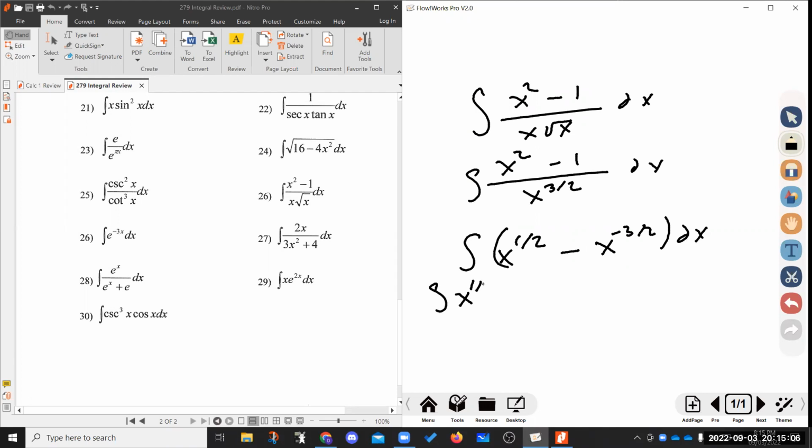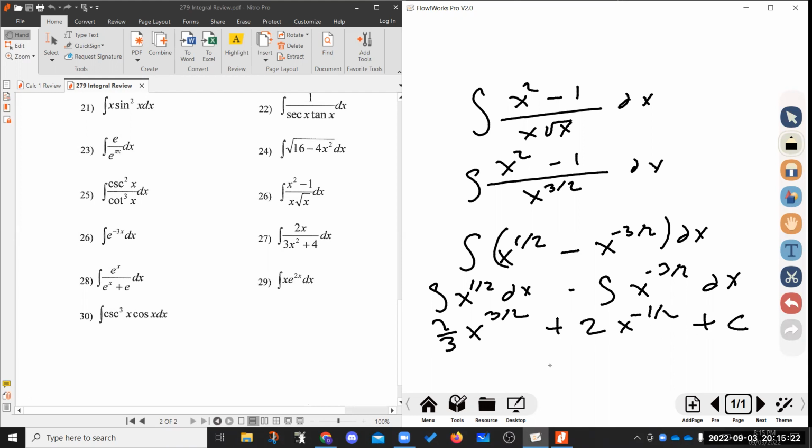That's x to the 1/2 dx minus x to the negative 3/2 dx. It's going to be x to the 3/2 with the 2/3 out front minus x to the negative 1/2 times the negative 2 plus c. That's it. Just going to leave it like that. That's all in terms of x already. Not going to write it in square root form.